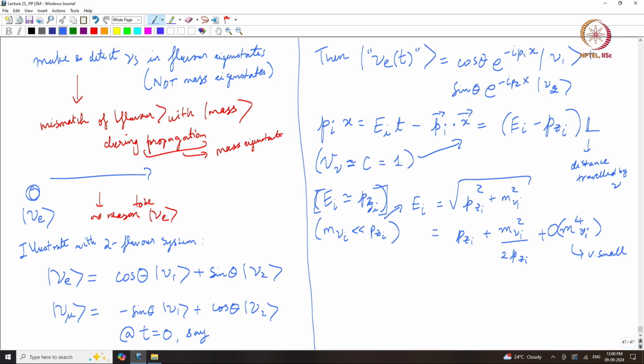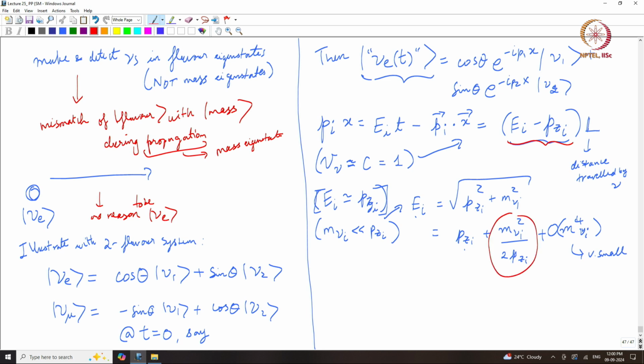I am going to wrap up this lecture by writing out this term using this approximation. So, what has happened now? E_i is p_z plus this term. Let me highlight with red. That term is nothing but this.